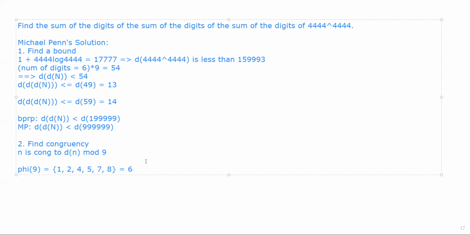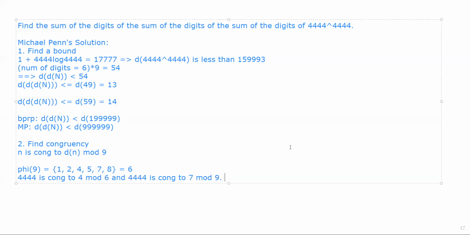So then he divided 4444 and realized 4444 is congruent to 4 mod 6. And 4444 is congruent to 7 mod 9. I don't exactly remember how he got that it's congruent to 7 mod 9, but it's pretty obvious when you add the digits, 4 plus 4 plus 4 plus 4, that's 16, which is congruent to 7 mod 9, like I said earlier.